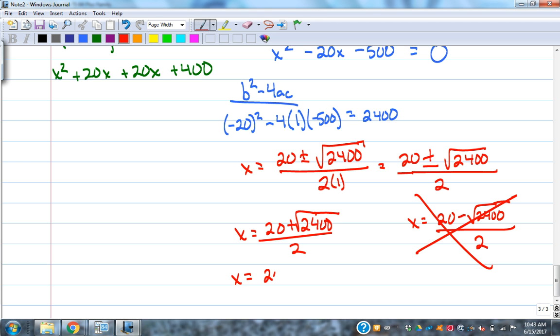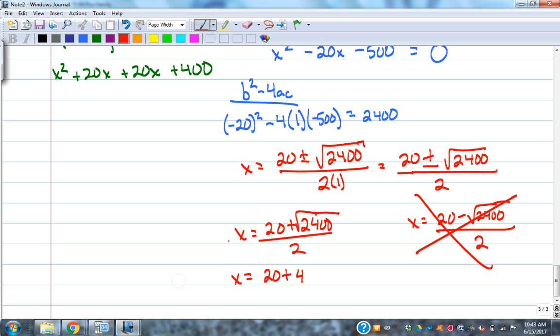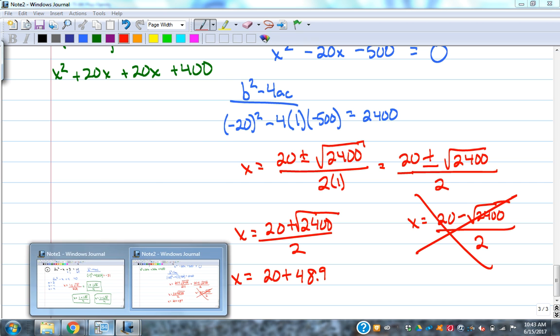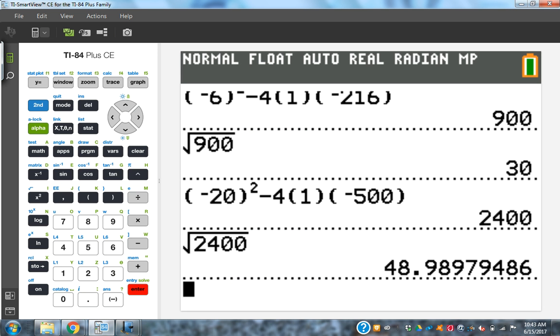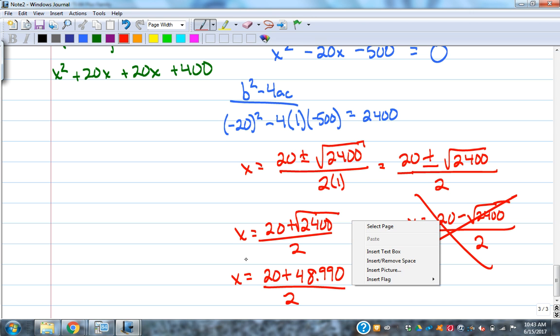X is 20 plus 48.990. And that's going to be the decimal approximation here, and that's what we want.